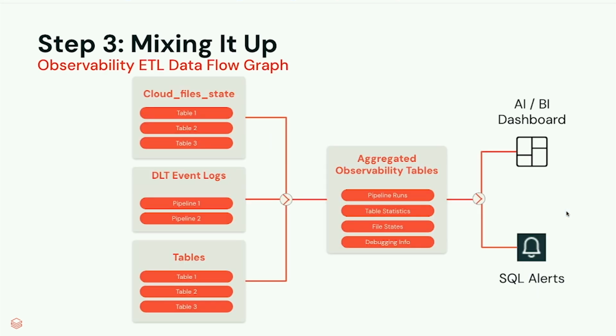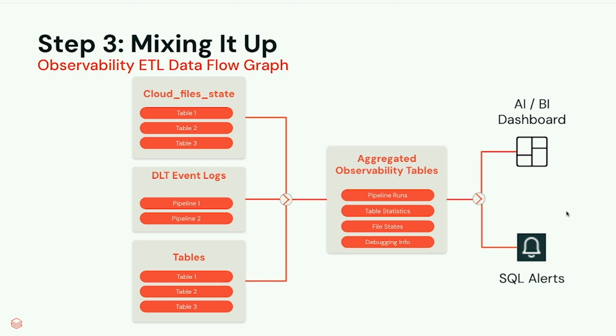All right, in the previous two steps, we described how we configure the data ingestion ETL, which will provide the necessary observability data for our recipe. Now it's time to use the data. And there are three main sources for observability data that we use.